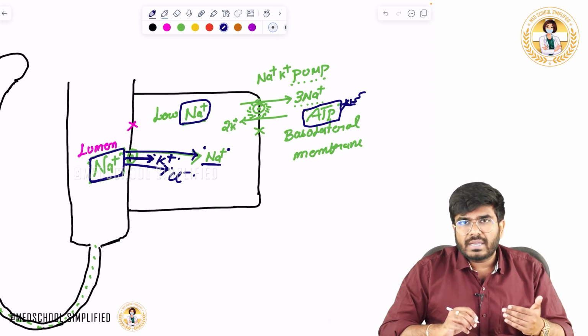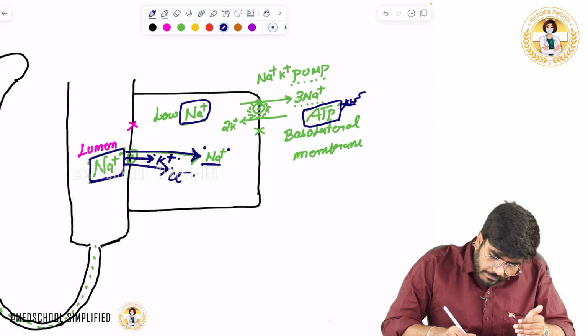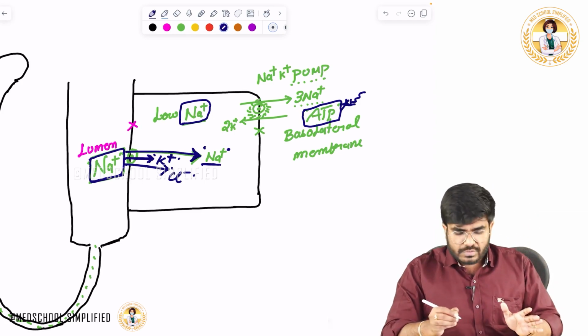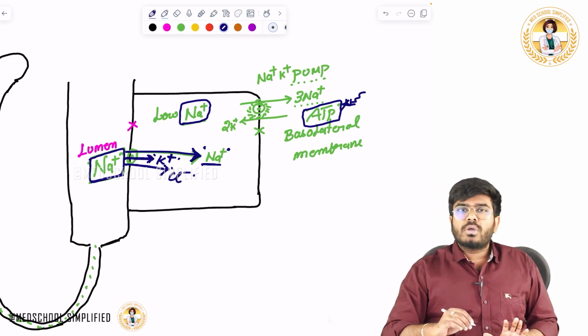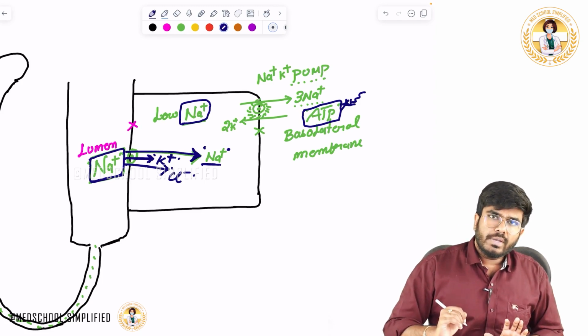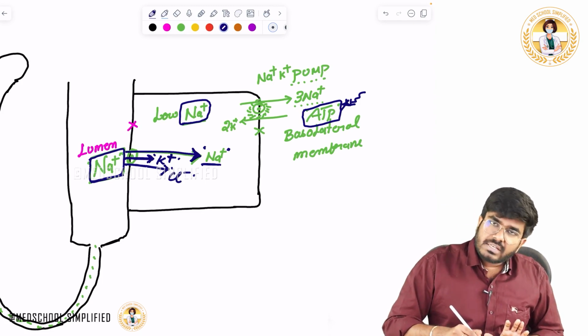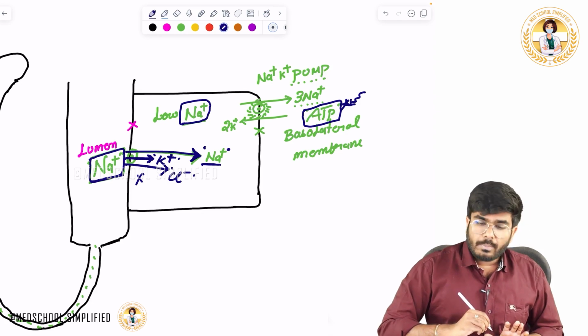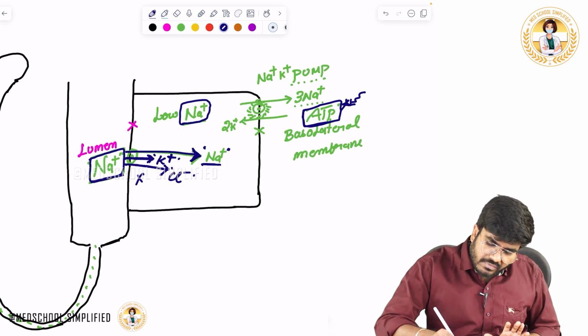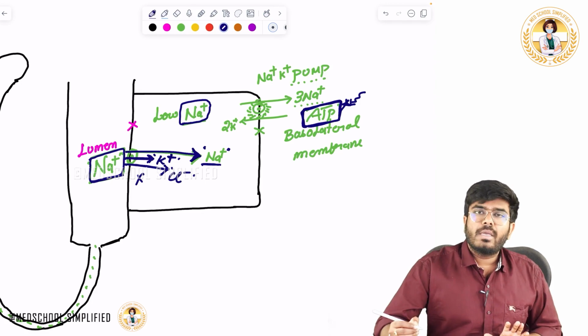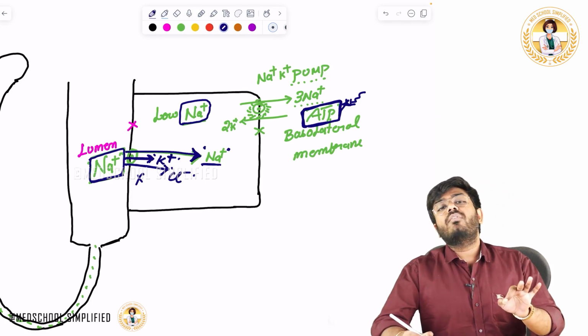Who is providing the energy? This is sodium. The sodium is coming into the cell, and along with the sodium, potassium and chloride are also coming into the cell. Here there is no energy involved. But where is energy involved? Energy is involved in this area. So that's why there is indirect use of energy.